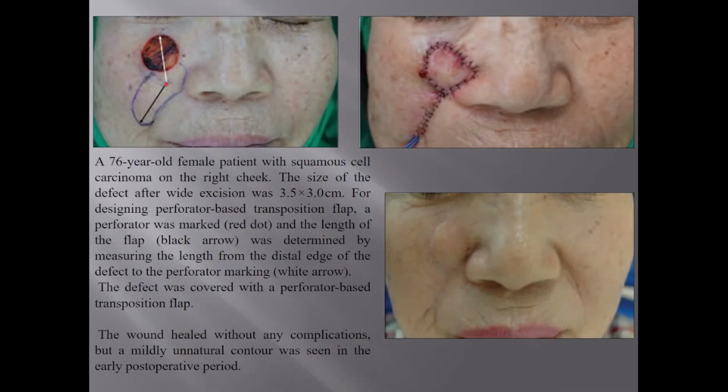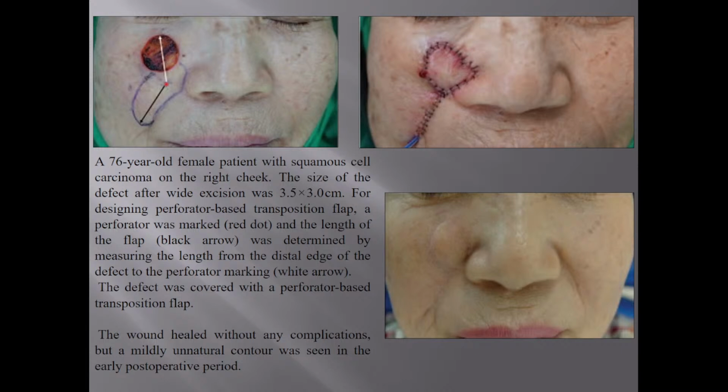And here it's a case with a defect larger than 3 centimeters in diameter. And here you can see a 76-year-old female patient with squamous cell carcinoma on the right cheek.